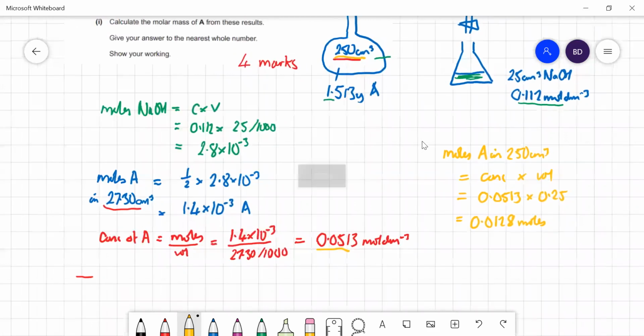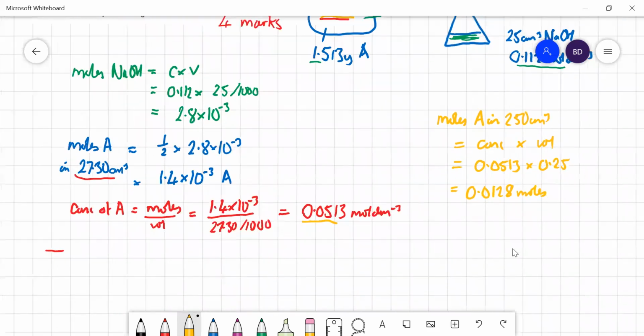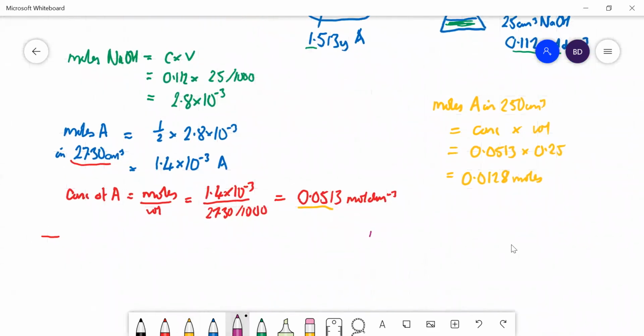Okay, now we're in a position to work out the molar mass of A, because we know that the moles, well, let's write the equation down. Moles is equal to mass over MR. We want to find out the molar mass, the MR, so MR is equal to the mass divided by the moles. Right, the mass, they tell us, is this, 1.153 grams.